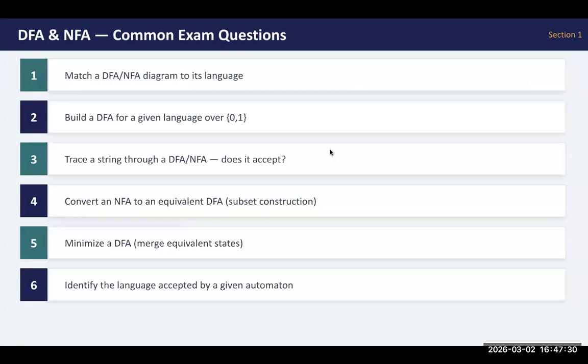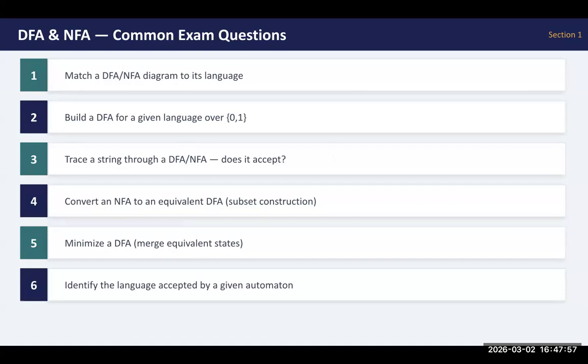Some common exam questions that you may come across: match a DFA or NFA diagram to its language. You will be given a diagram that is either a DFA or an NFA, and you'll have to match it to a normal written English language description. Build a DFA for a given language over any input alphabet. You could also get: trace a string through a DFA and NFA and understand if it accepts or not.